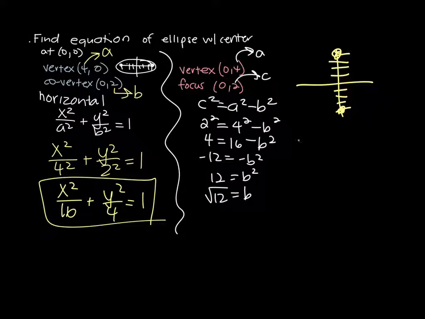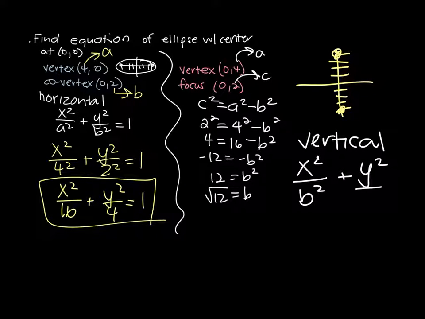It's vertical because the vertex is on the y-axis, which means that now the a squared goes under the y. So x squared goes over b squared, which in this case is square root of 12 squared.